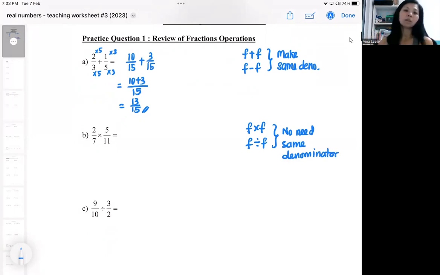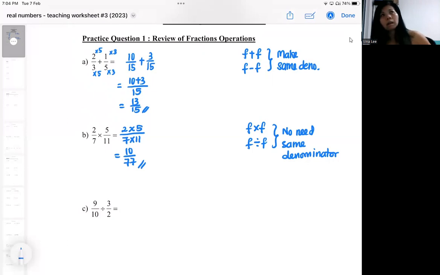But in actual fact, when you are dealing with fraction multiplication, you are just doing top times top, bottom times bottom. So you actually don't need to make the same denominator. Just be clear about this. When you go to fraction algebra, the same logic will apply.